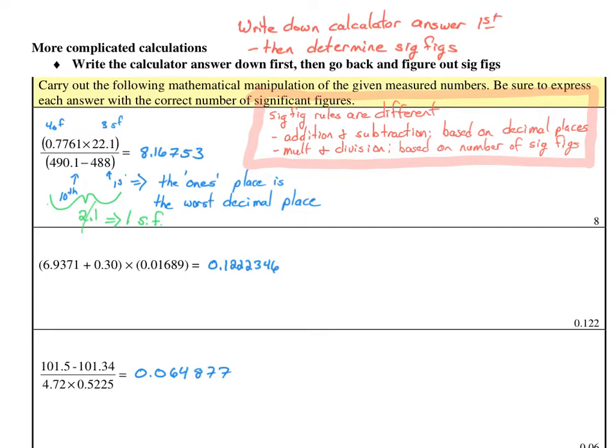So the numerator is appropriately expressed with 3 sig figs, the denominator with only 1 sig fig. So that means overall, we can only use 1 sig fig to express our answer. So we go back to the original calculator answer, and now we express it with just 1 sig fig, so we have our final answer.